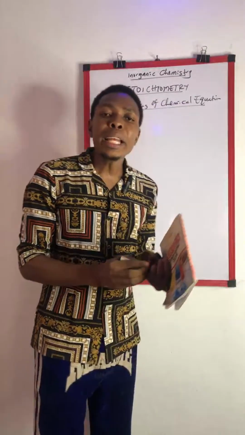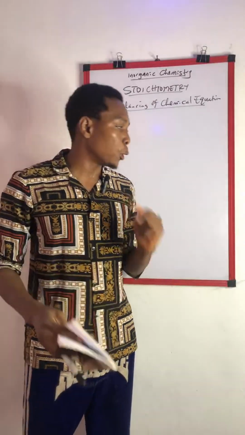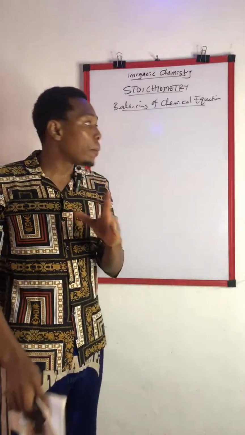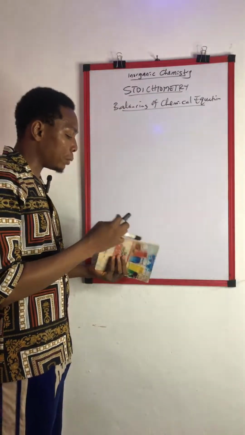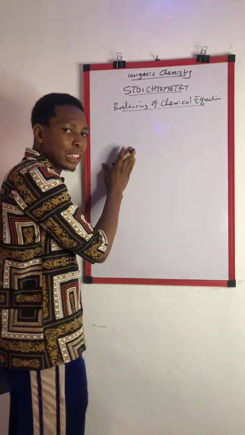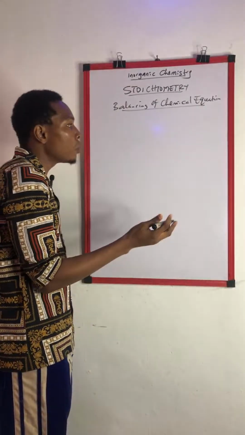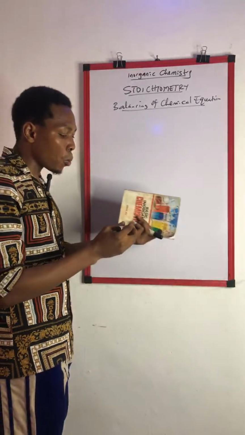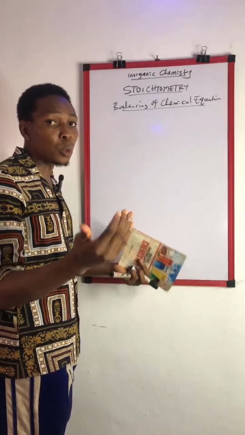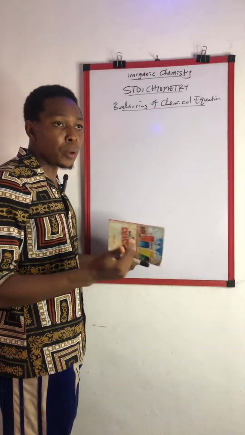Now, when you are balancing an unbalanced equation, remember I told you the other time that we have the reactant side and we have the product side. What is a chemical reaction? When you are transforming one or more substances into another or new substances, that's called a chemical reaction.